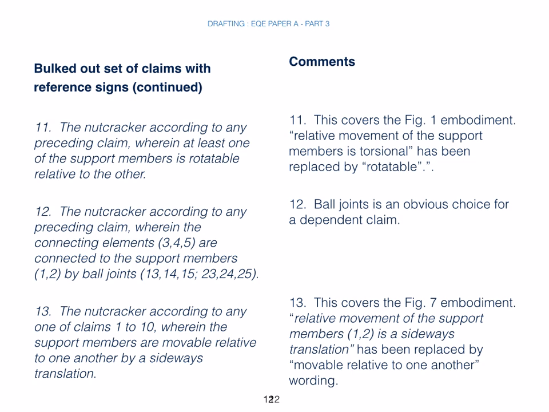And once again, I took the opportunity to go away from the movement wording. "Relative movement is sideways translation" is now "movable relative to one another by a sideways translation", which is better claim wording for a device.